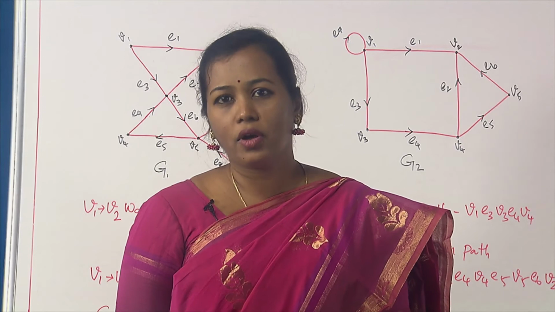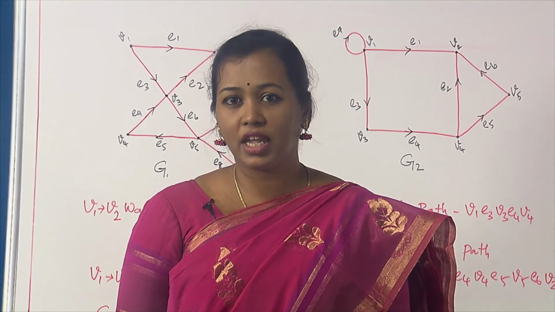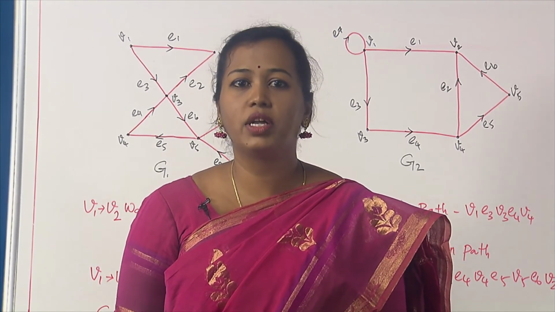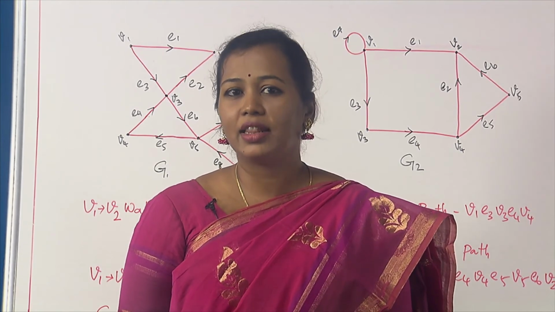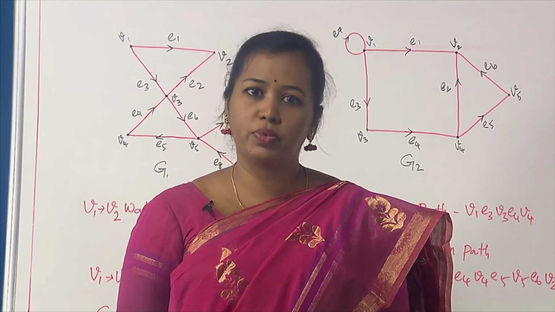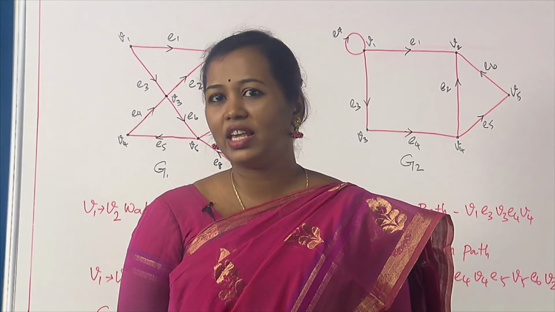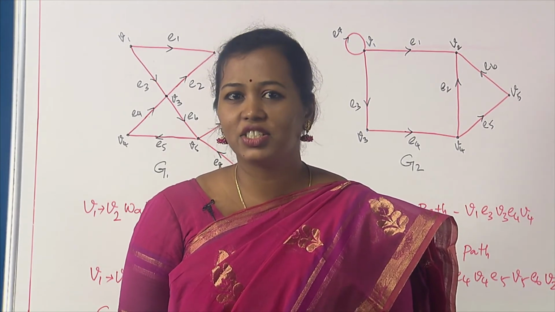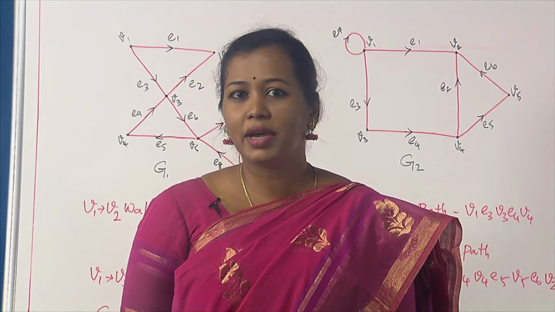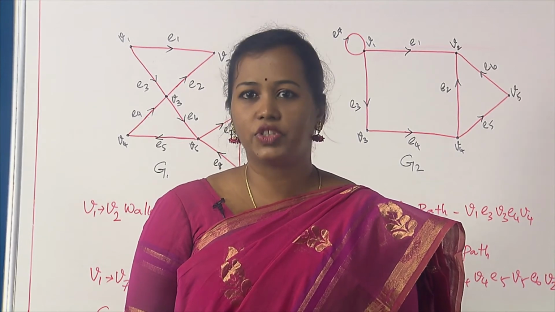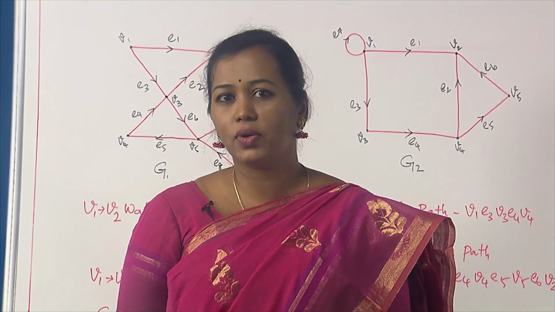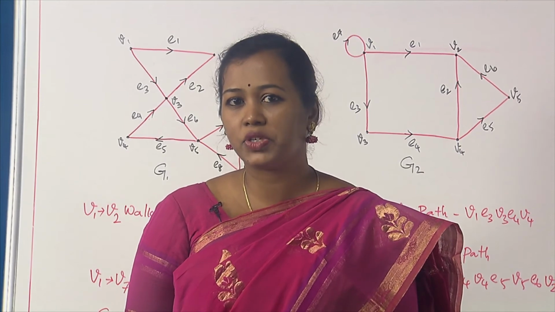A directed walk in a directed graph is a sequence of vertices V0, V1, and so on up to Vk, and the edges (V0, V1), (V1, V2), and so on up to (Vk minus 1, Vk), such that (Vi minus 1, Vi) is an edge of G for all i, where 1 less than or equal to i less than or equal to k.